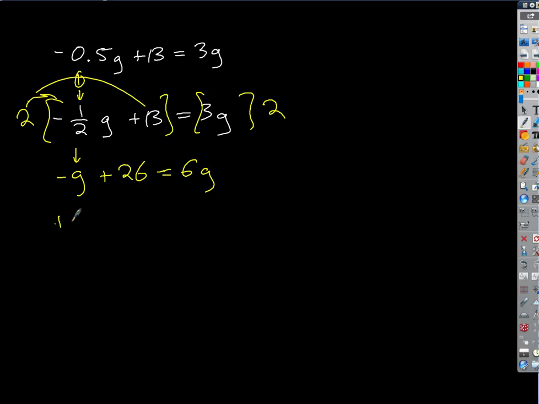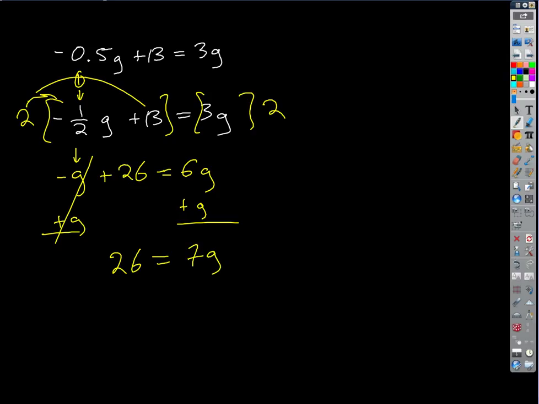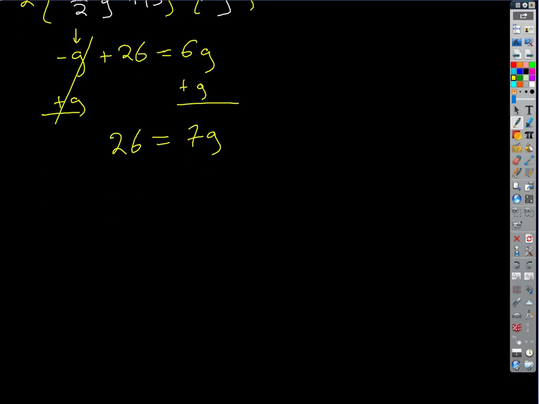So we'll add g to both sides. Good. And then we get 26 equals 7g, right? Last step? Divide by 7. Yeah. Now, if I divide both sides by 7 to get that g by itself, look what happens. I get g equals 26 sevenths.